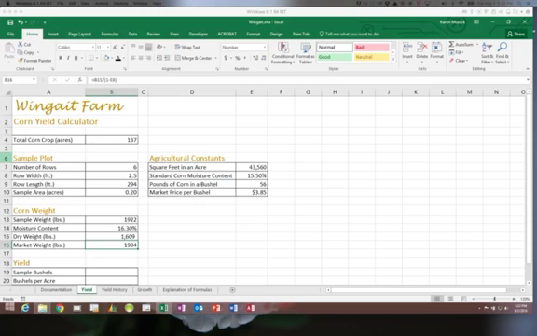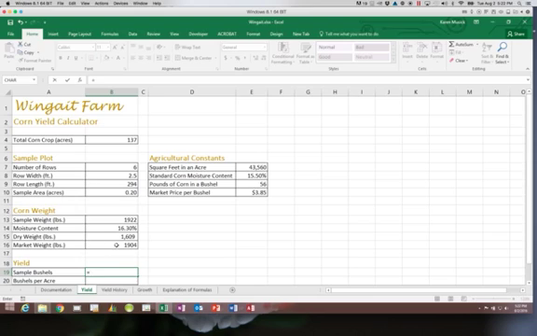So now we are entering the value in B19, sample bushels. We're going to say that that is equal to our market weight divided by the pounds of corn per bushel, which is in E9.